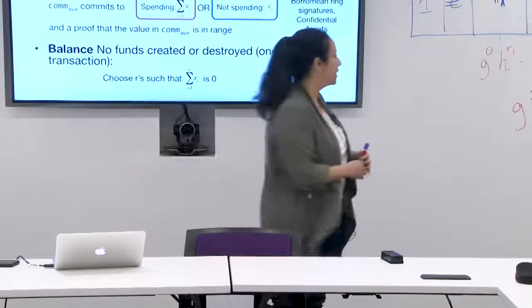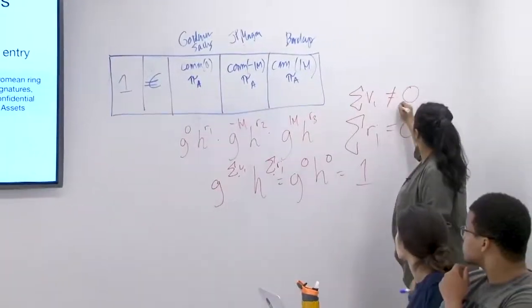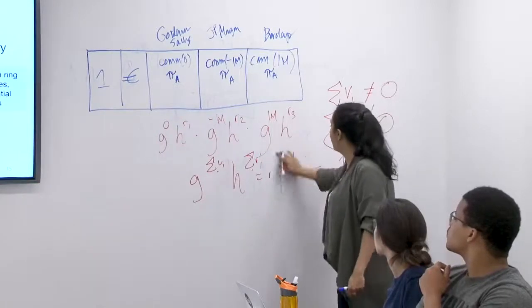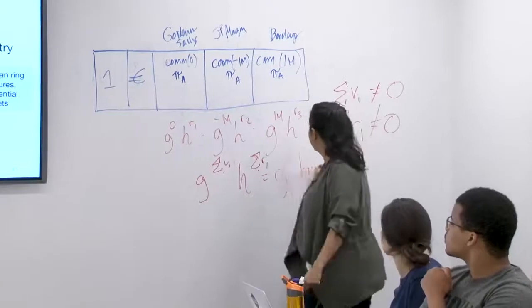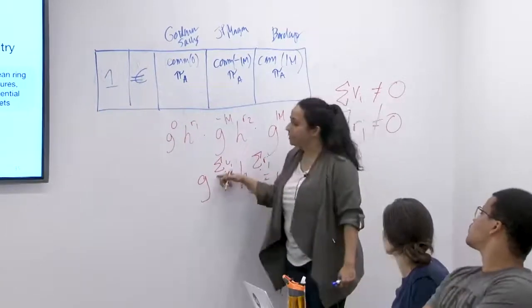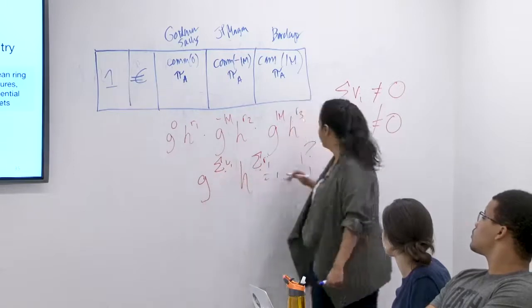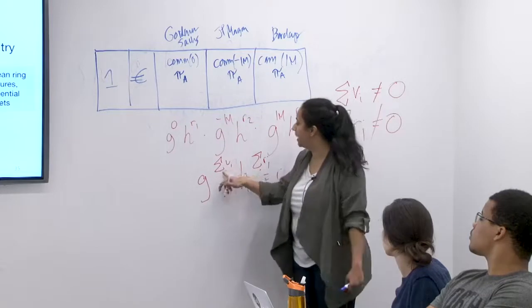The second question you might be asking is, what if these don't sum to 0, but I still manage to figure out how to make this equal 1? Based on the assumption that the discrete logarithm problem is hard, this is too hard to figure out.